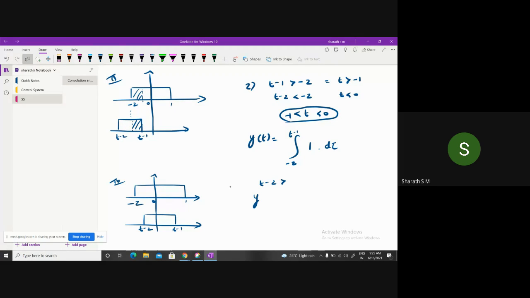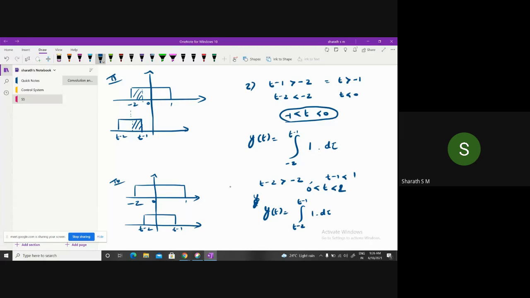Before writing the limit, we need to conclude: t minus 2 is greater than minus 2 and t minus 1 is less than 1. So t is between 0 and 2. What's the limit now? Y of t ranges from t minus 2 to t minus 1.